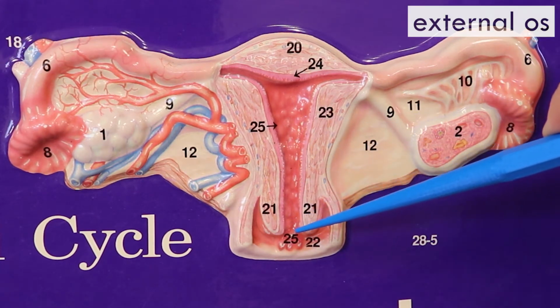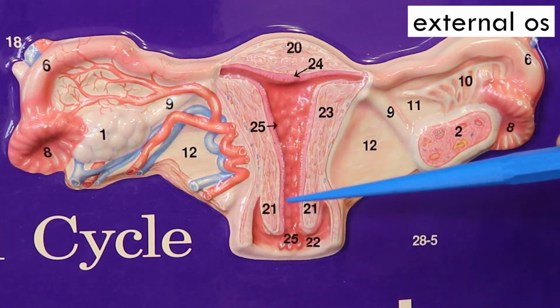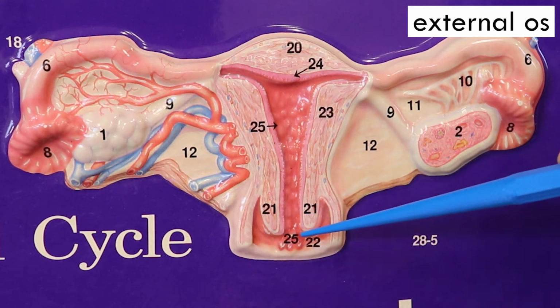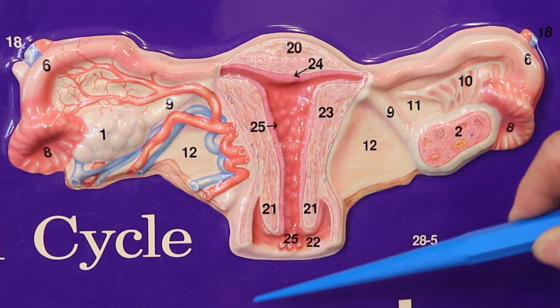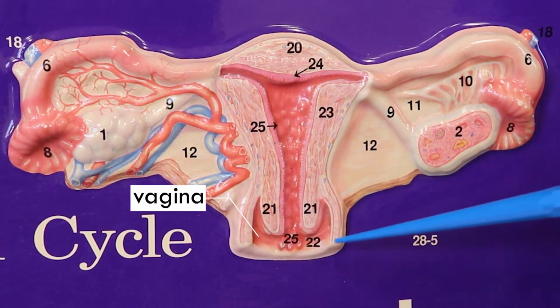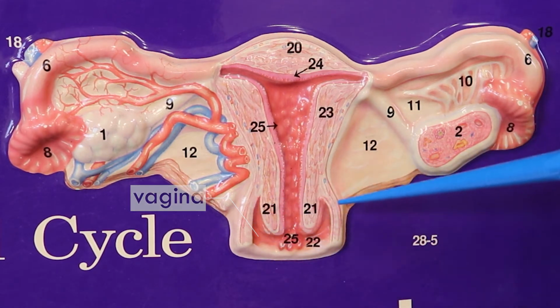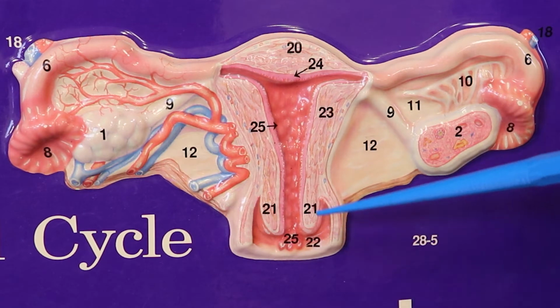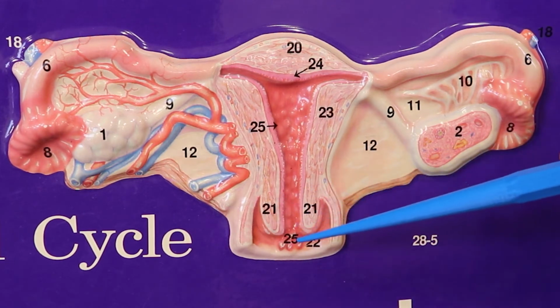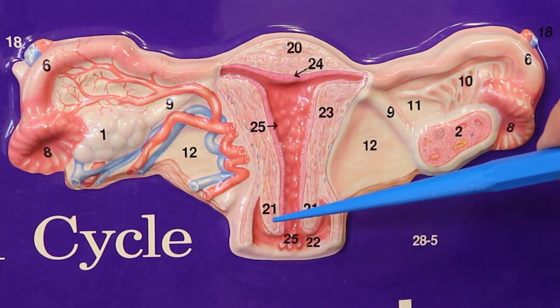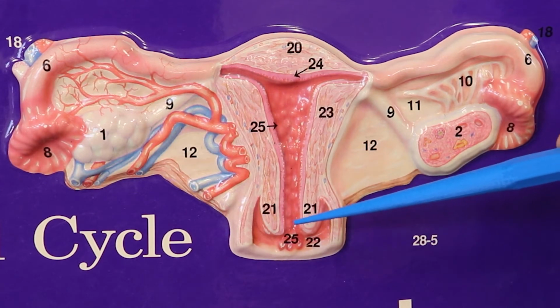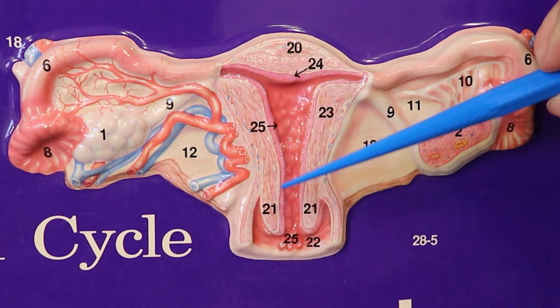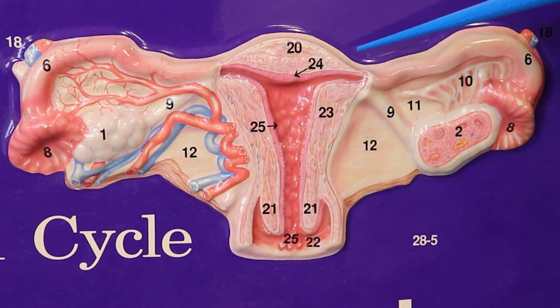The external os opens into the vagina. So there's very little of the vagina that we can see here. It's also a smooth muscle organ, and it's right here. So the cervix is found at the proximal end of the vagina. So those are the parts of the uterus.